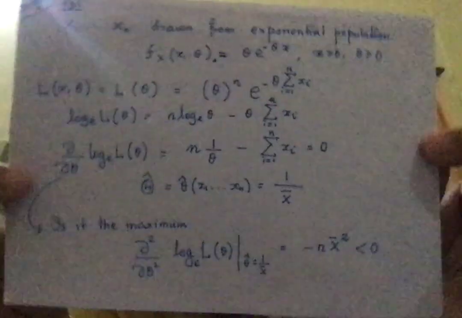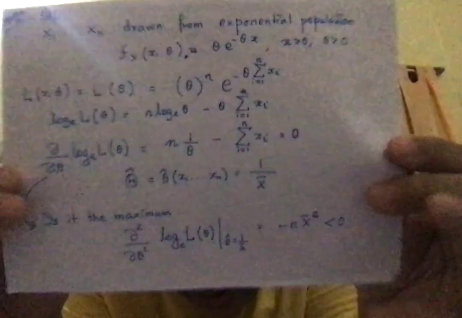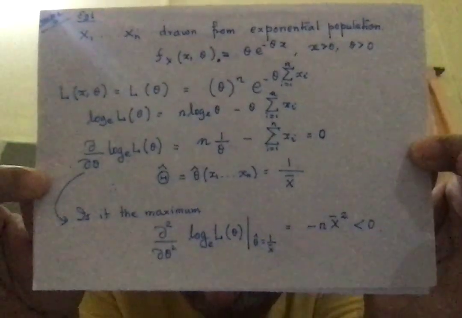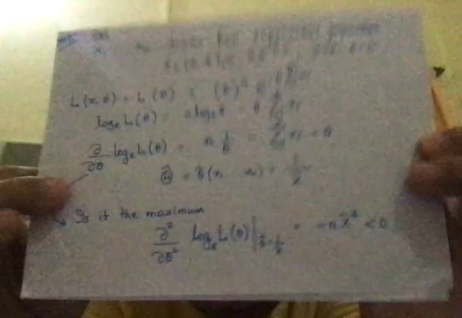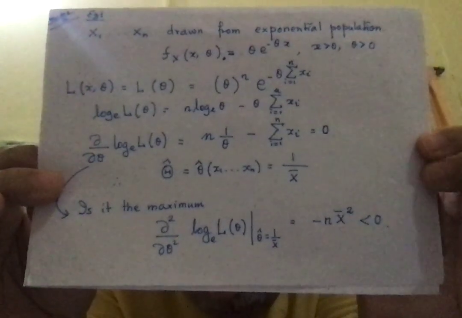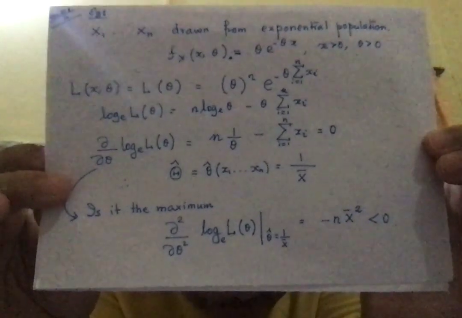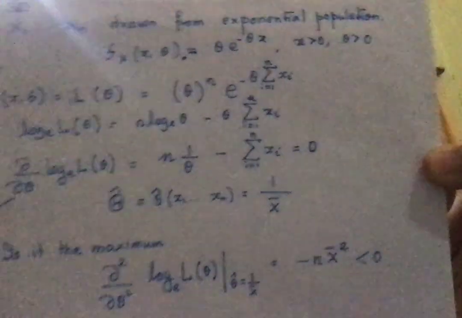And of course in this case, though the function is concave, I will still do a second order check with you. When you take the second order derivative of the log likelihood function at theta hat equal to 1 by x bar, you get minus n x bar square, which is always a strictly negative number.